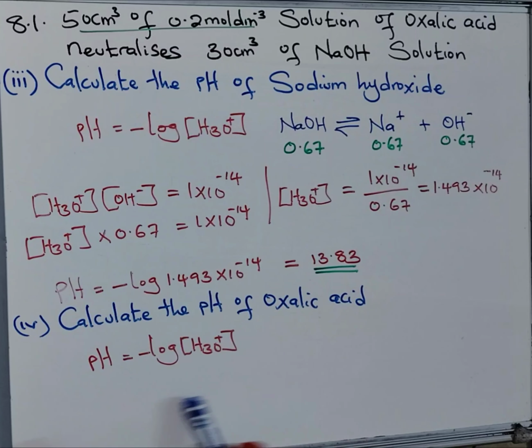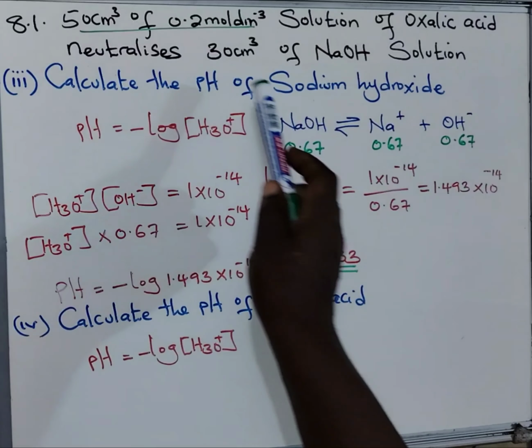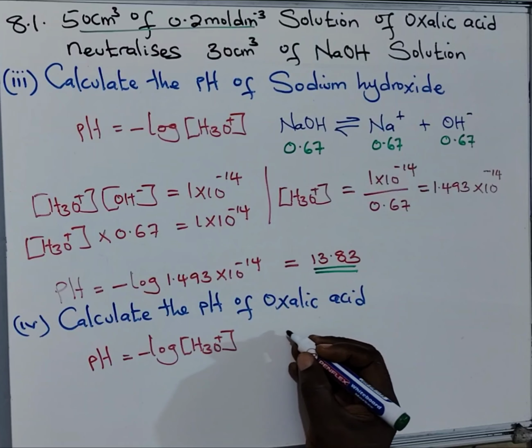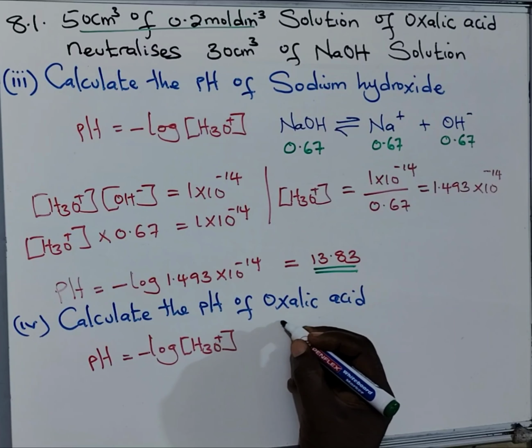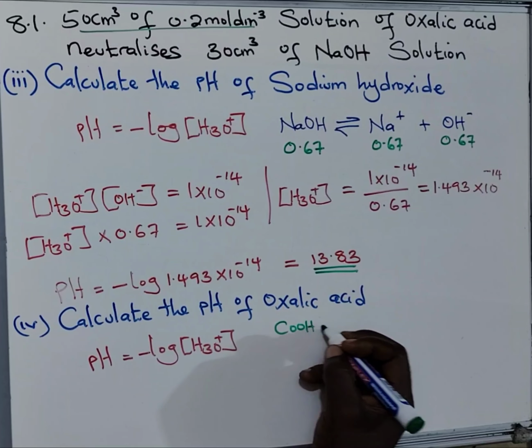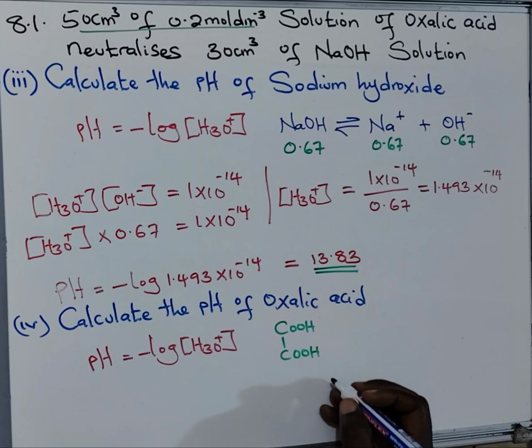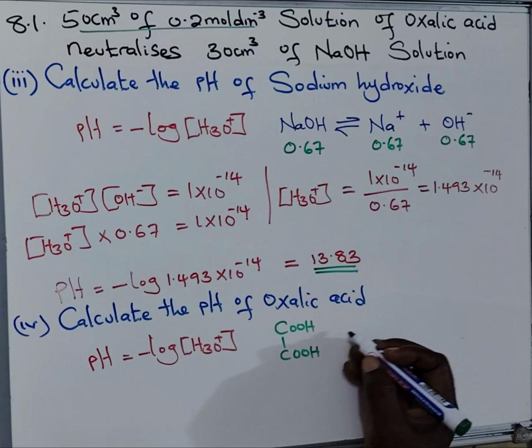So if it's completely ionized, what are we going to say? Now, we have to look for the concentration of hydronium ions, which are coming from oxalic acid. So this is what you have to know about oxalic acid. It is this. I prefer to use the structure when it comes to oxalic acid. This is the oxalic acid.